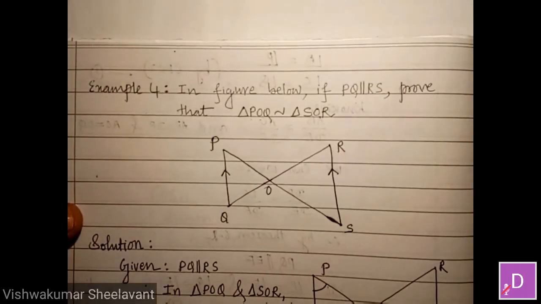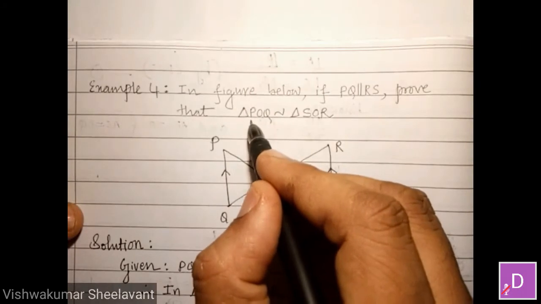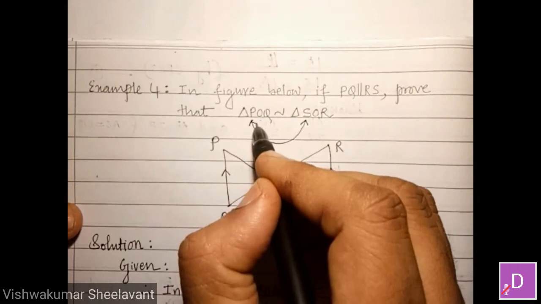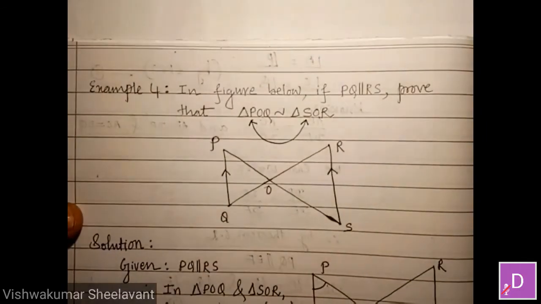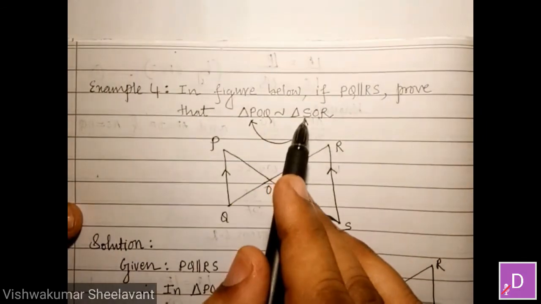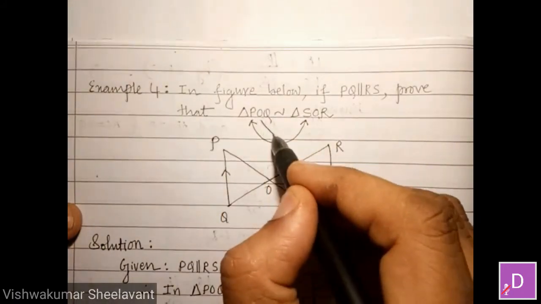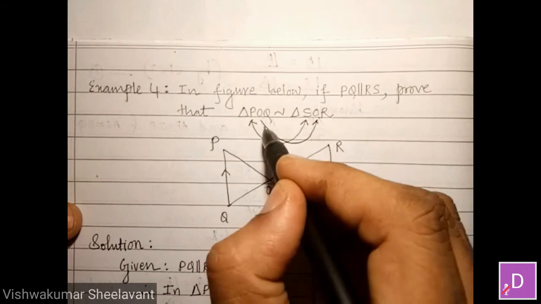Is it right? So angle P must be equal to angle S. First letter corresponds to first letter. Second letter corresponds to second letter. Angle O must be equal to angle O.